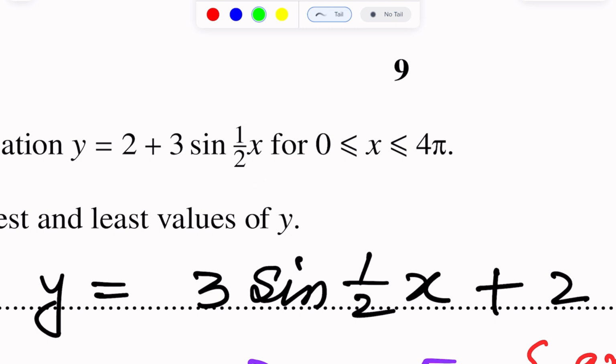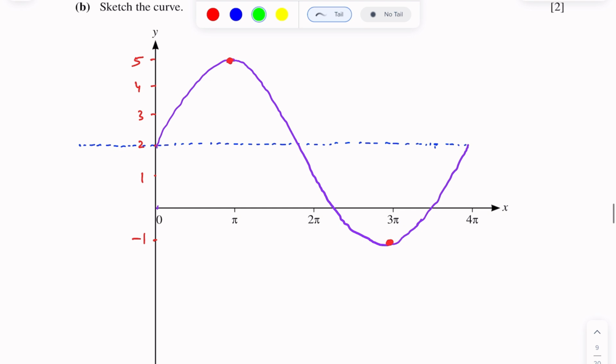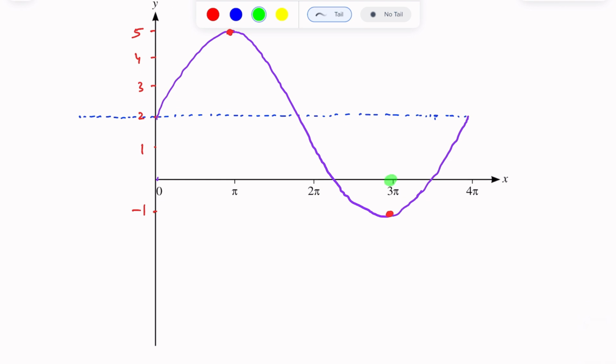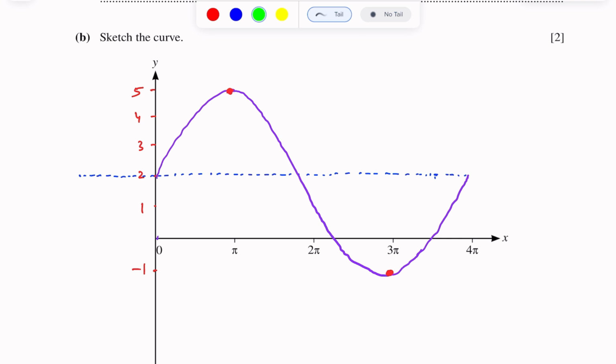Sine 270 is -1, which makes this 3 times -1, so 2 minus 3, that is -1. So at 3 pi the function will take the value -1. These are the important features of the graph, and 4 pi is the end value. So we have drawn the graph from 0 to 4 pi.